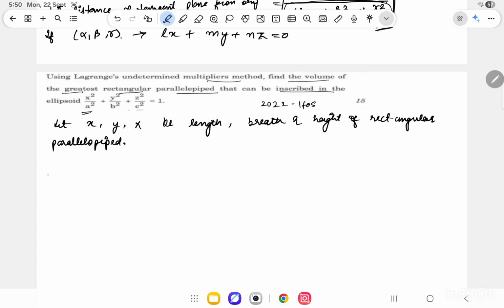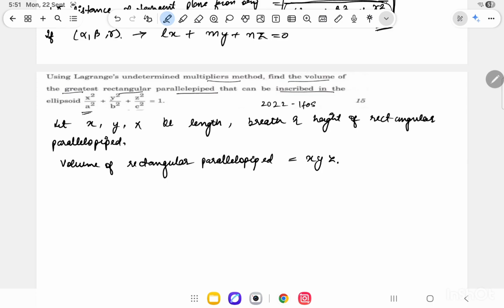Then the volume of the rectangular parallelepiped will be basically xyz.